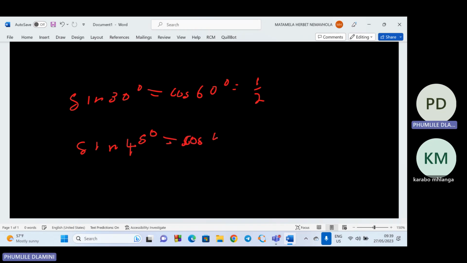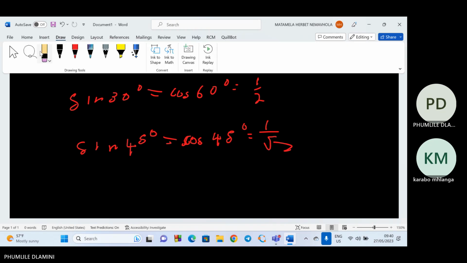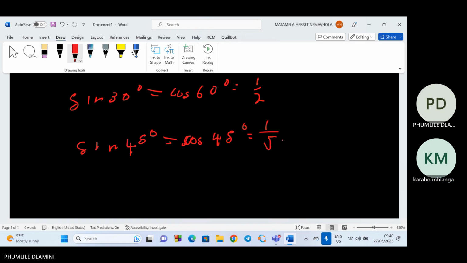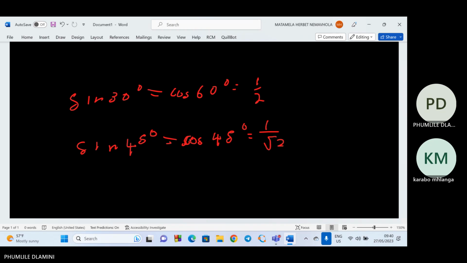So this is just something that you can take into account. Just knowing them, you can apply them somewhere, somehow in any question that you might approach. So sine 45 degrees equals cos 45 degrees, which is 1 over square root of 2.